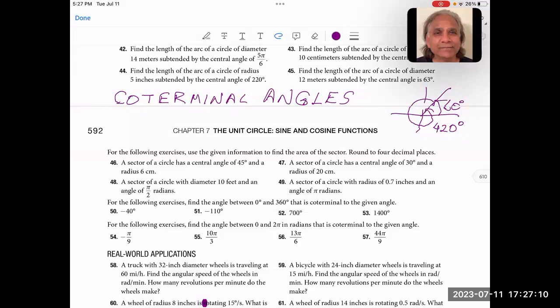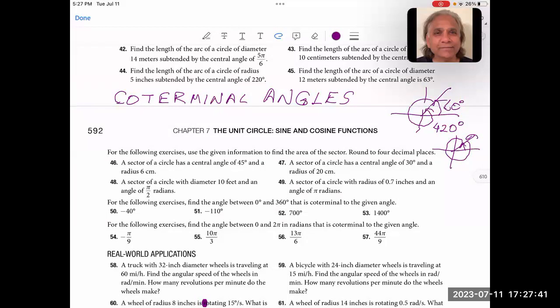It should be obvious that you can keep adding as many 360s as you want, and you'll keep coming back to the same terminal side. Similarly, if you go clockwise, say from here, then each time you complete one circle, you're subtracting a 360 because clockwise angles are negative.